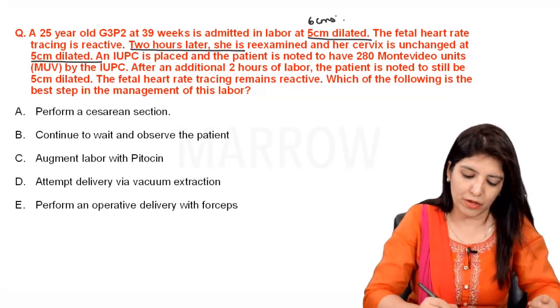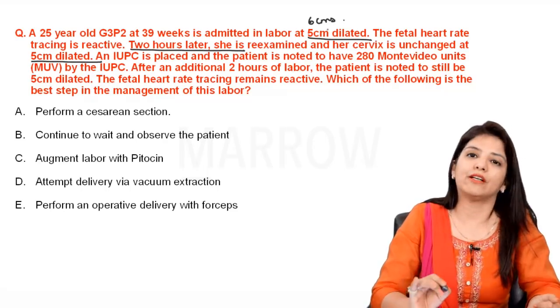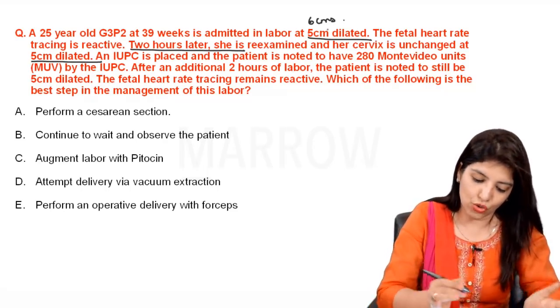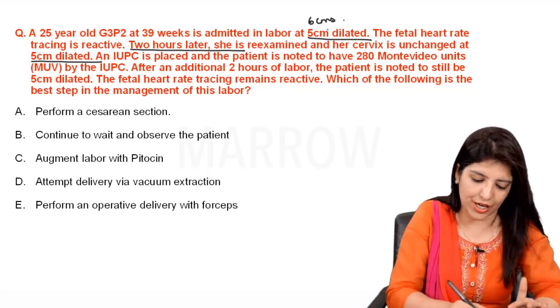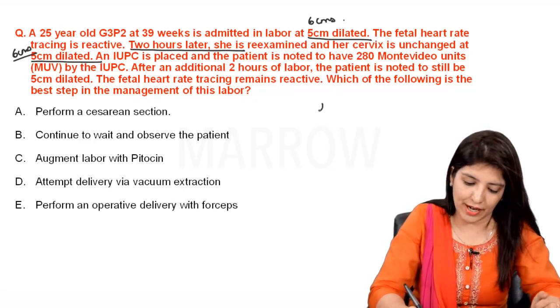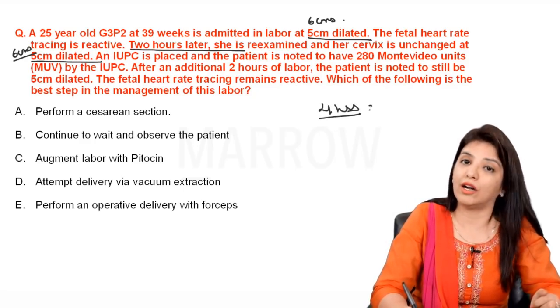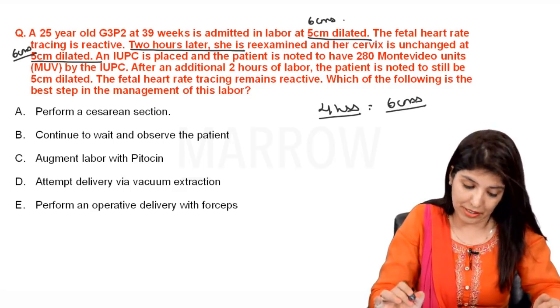So, suppose this patient was admitted to you at 6 centimeters dilatation. Fetal heart rate tracing is reactive. 2 hours later, she is re-examined and her cervix is unchanged, still 6 centimeters dilated. So, how many hours have passed? 4 hours have passed and still the dilatation is 6 centimeters.